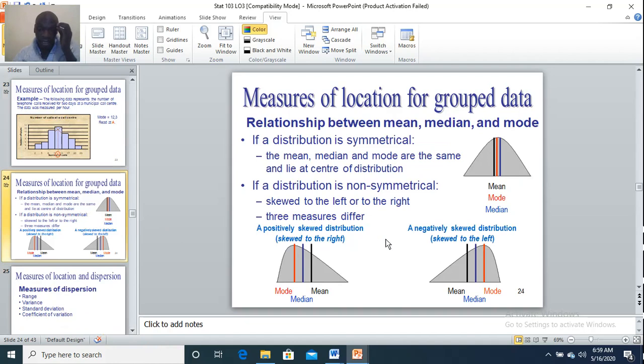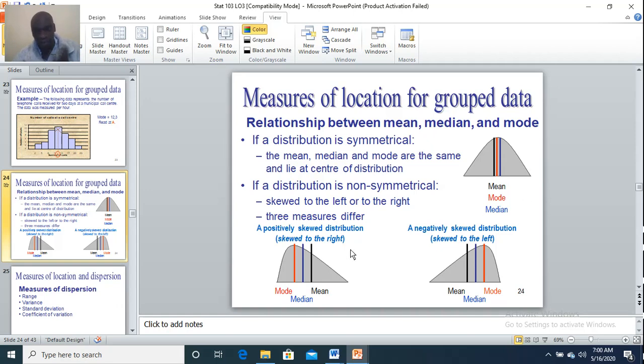So we can talk about the skewness, where the data is towards. If mean, median, and mode are on the same position, we mean the data is normal. If the tail goes to the right, we say it is skewed to the right or positively skewed.